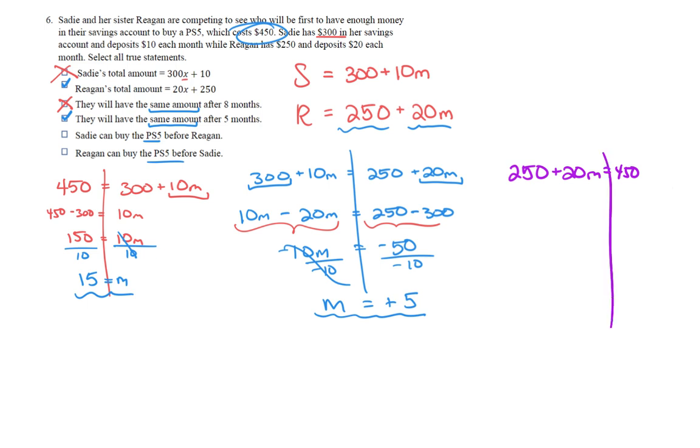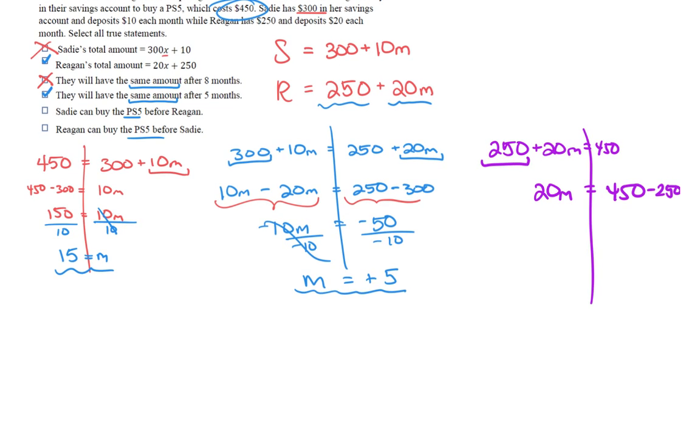Okay, so, and again, our m's are already on the left side on this one, and I got 450 on the right. I just need to move this guy to the other side to be with the other numbers. So move it to the opposite side. We'll have to do the opposite thing, minus 250. So I have 20m equals 450 minus 250 is 200, I think.